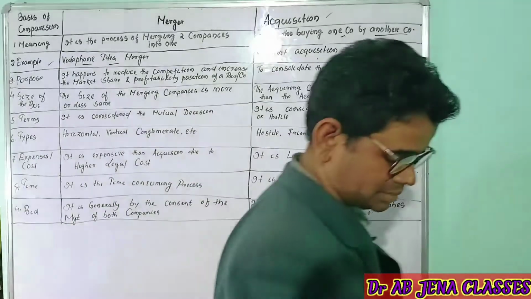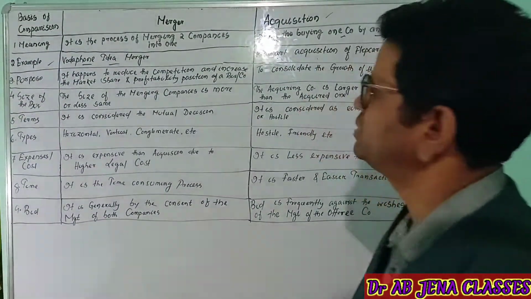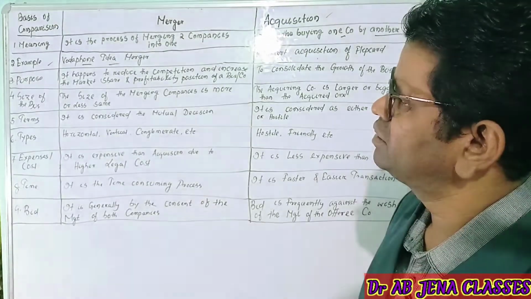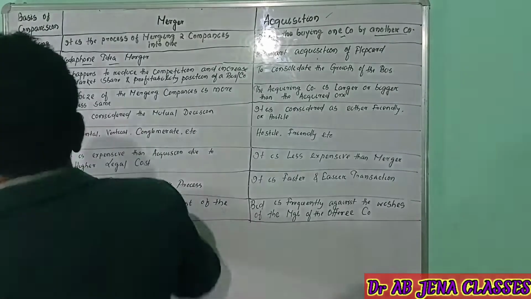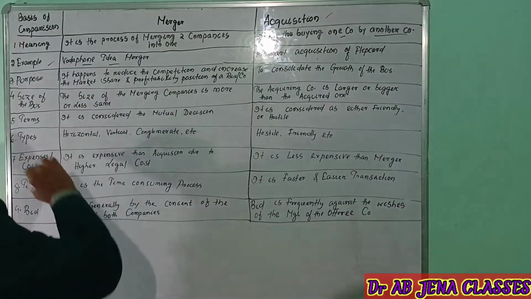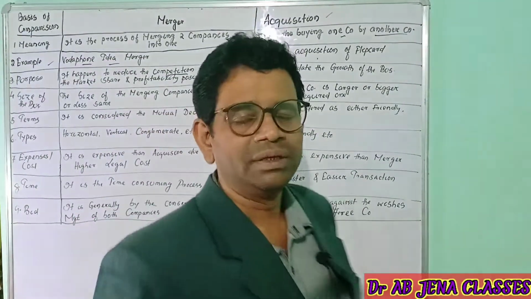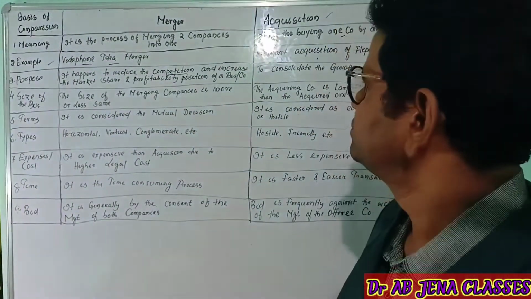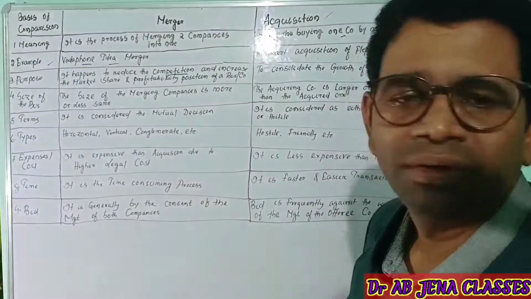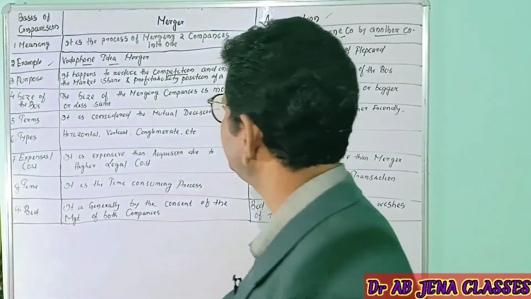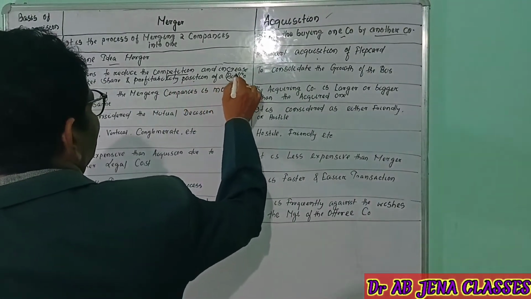And as far as acquisition is concerned, the popular example of acquisition is Walmart's acquisition of Flipkart. Okay. Then what is the purpose of merger? On the basis of purpose, the merger happens to reduce the competition. So the merger will take place to reduce the competition and to increase the market share and the profitability position of a business or a company.